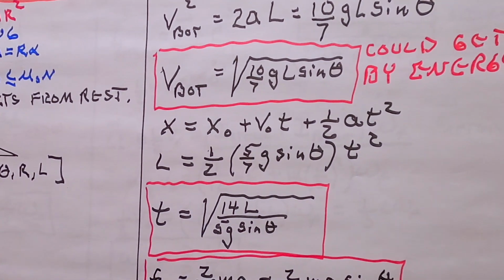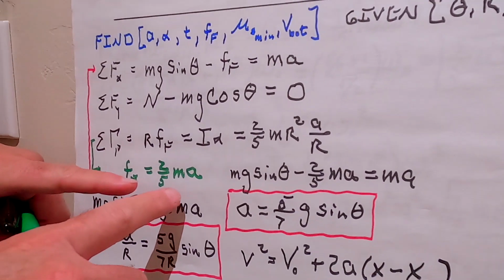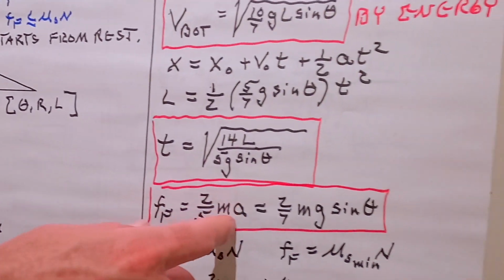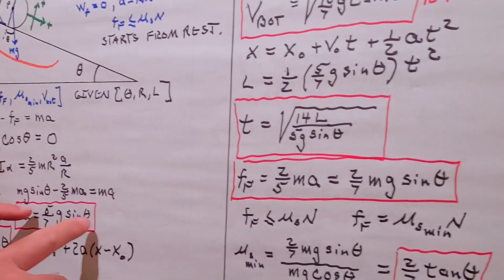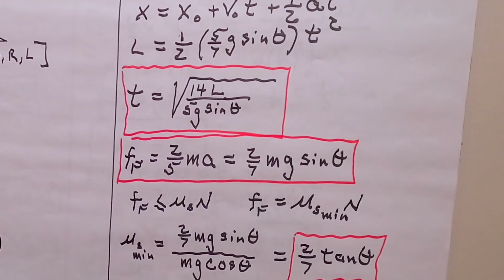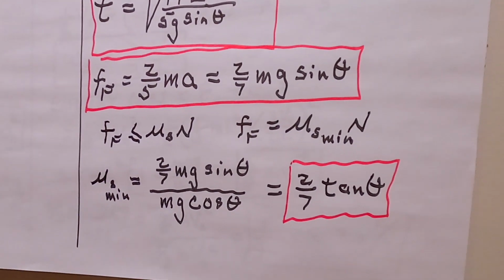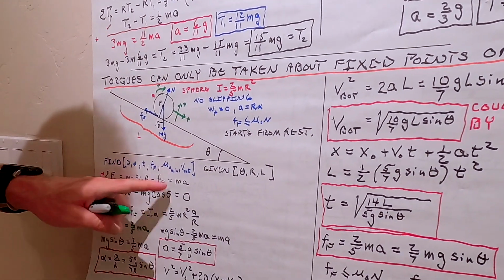If we wanted the frictional force, we already said it was 2/5 ma. We plug in our a, which was 5/7 g sine theta. The 5's drop out, and you just get 2/7 mg sine theta. Now, the last thing is the minimum coefficient of friction.